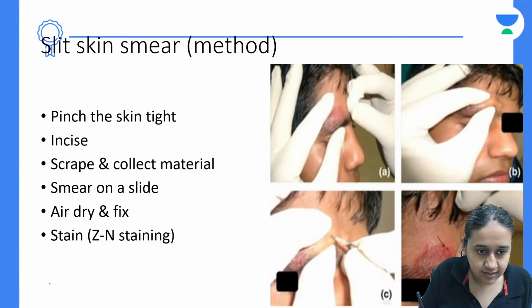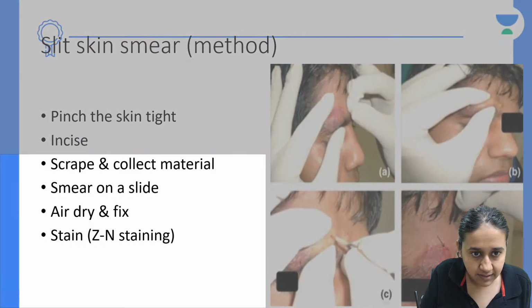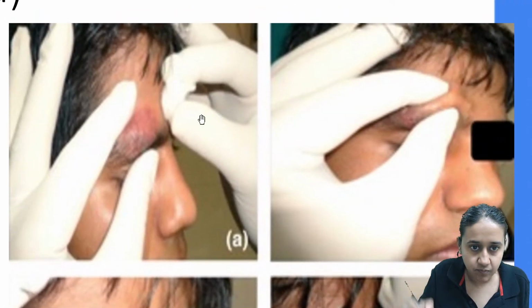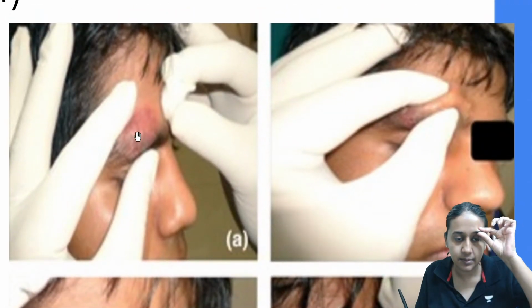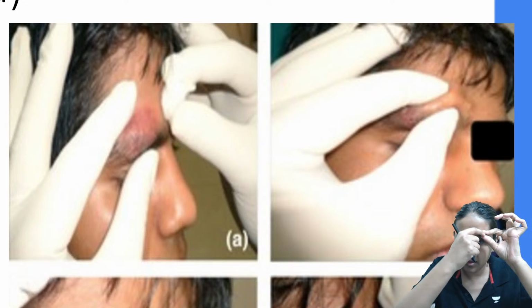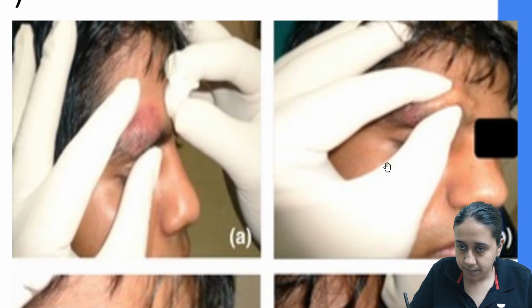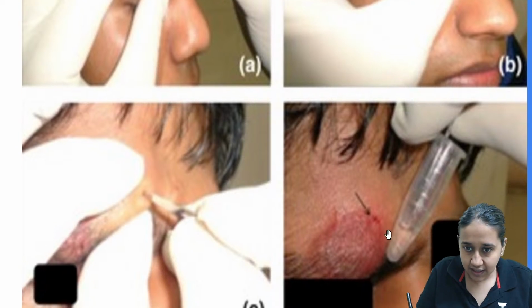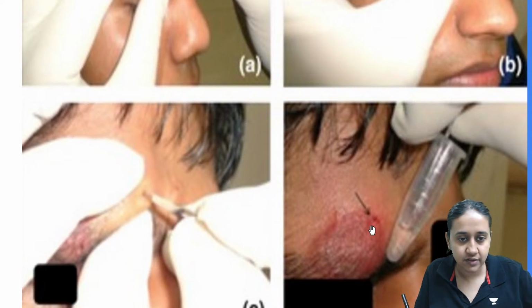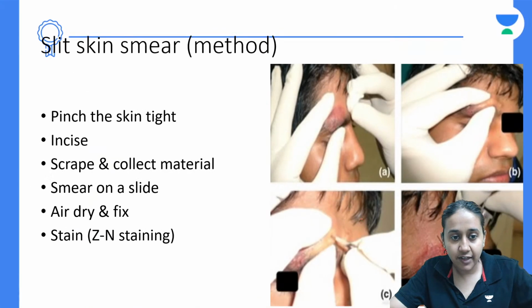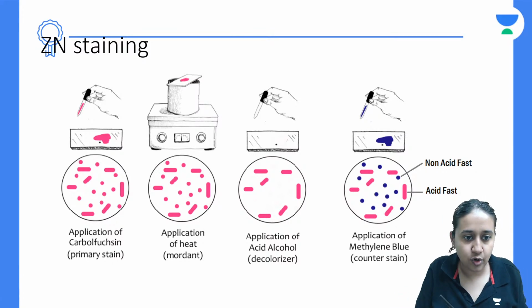Now you can look at this image, the steps of doing the slit skin smear for acid-fast bacilli. With the help of index finger and thumb, you will pinch the lesion. You will give a perpendicular nick. You are giving a nick and scraping the margins of the lesion. When you do a ZN stain, you follow these steps.